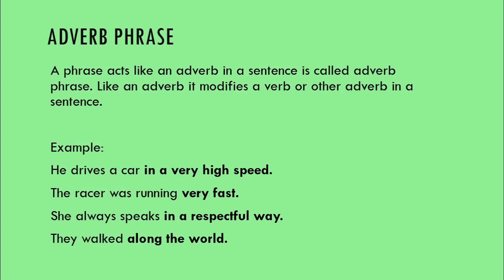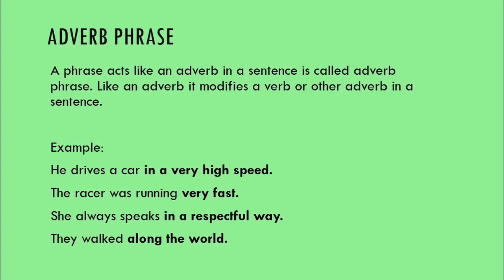He drives a car in a very high speed. So this is an adverb phrase. The racer was running very fast. So this small part of the sentence, very fast, indicates an adverb phrase. She always speaks in a respectful way.